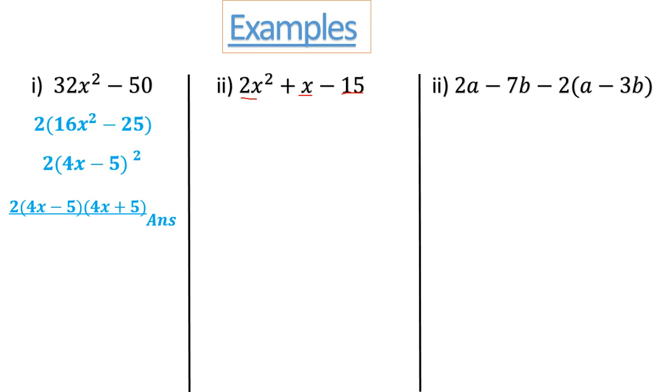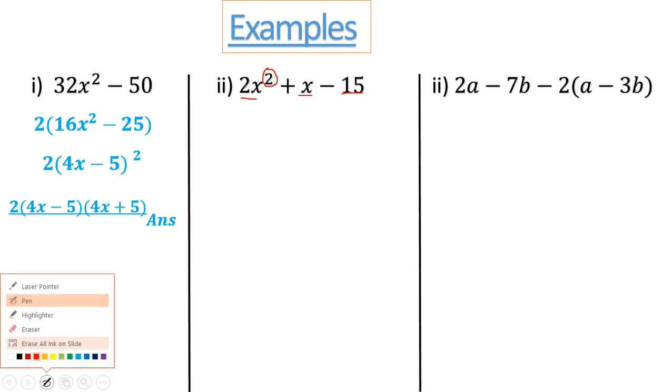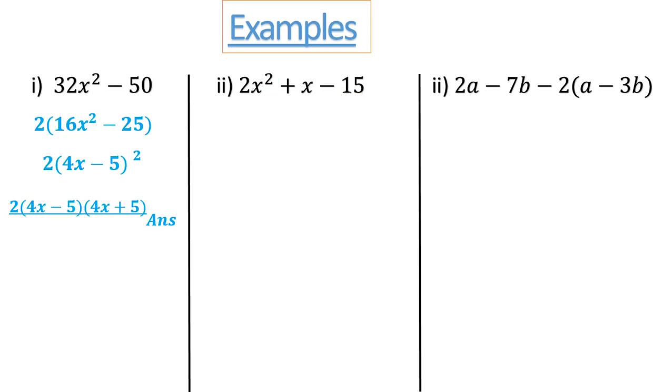When you see 3 terms and the highest power is a 2, do you remember the type of factorization? Good. This one is a quadratic factorization. So how do you factorize a quadratic? You find the sum, product, and the factors.